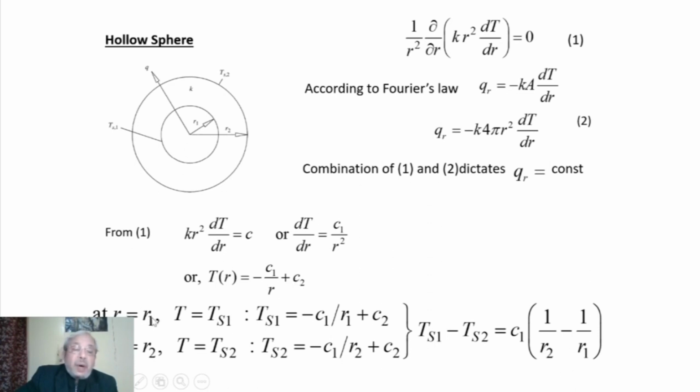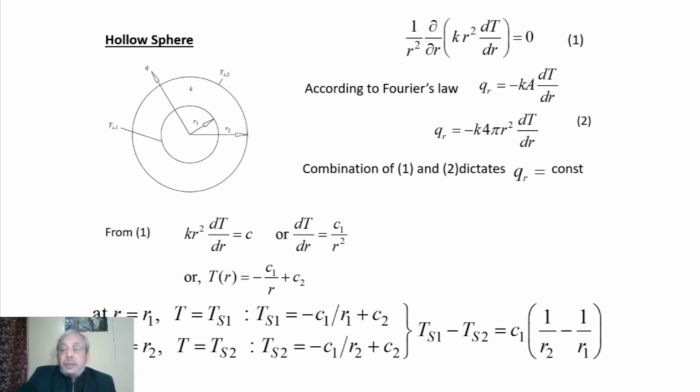At R equal to R1, T equal to Ts1, so Ts1 becomes minus C1 by R1 plus C2. At R equal to R2, T equal to Ts2, so Ts2 becomes minus C1 by R2 plus C2. From these two we get Ts1 minus Ts2 equal to C1 multiplied by (1 by R2 minus 1 by R1).